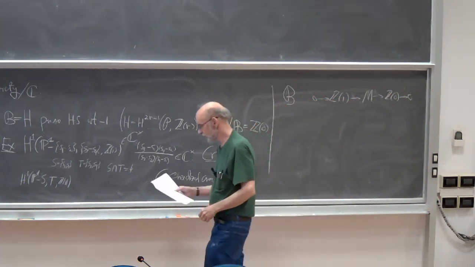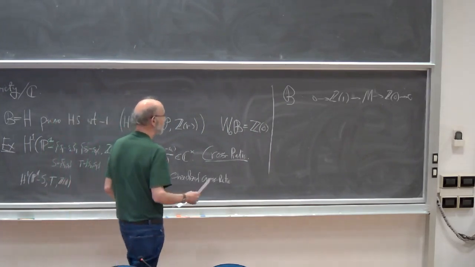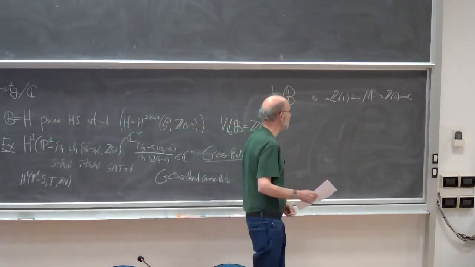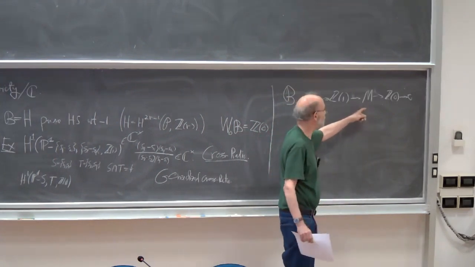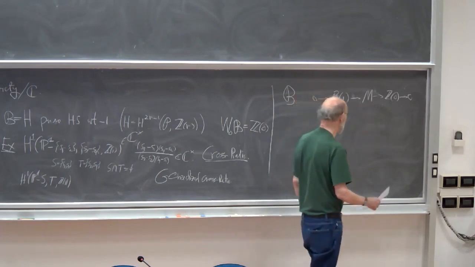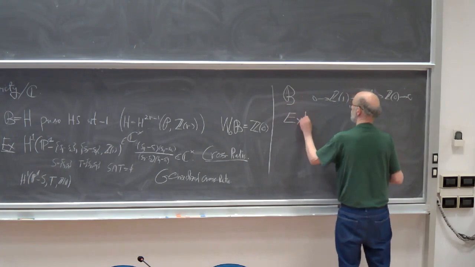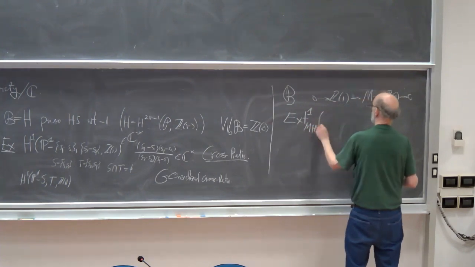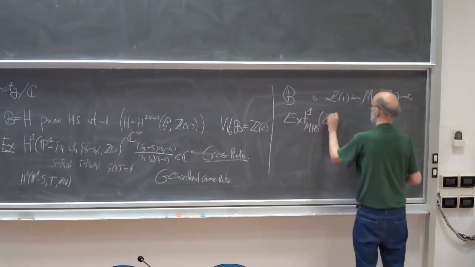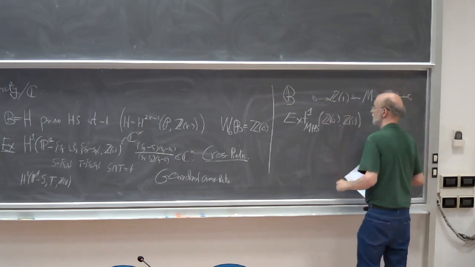Actually, the first thing that a modern mathematician would do, looking at this, is say, well, what can we say about M? How many different M's are there? In other words, we'd like to look at the Ext group in the category of mixed Hodge structures of Z of 0, Z of 1.